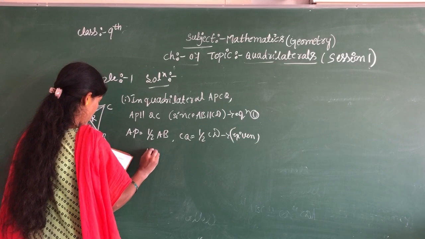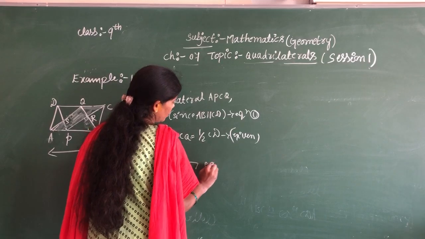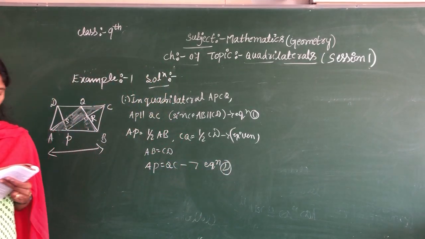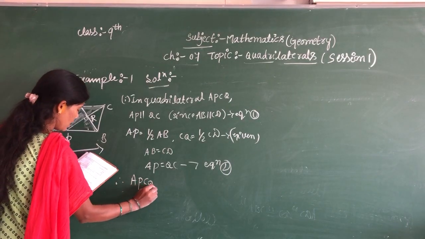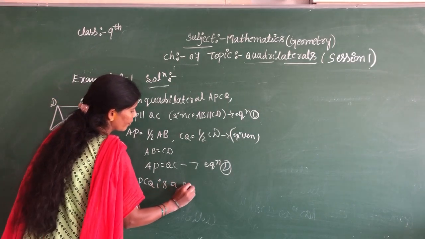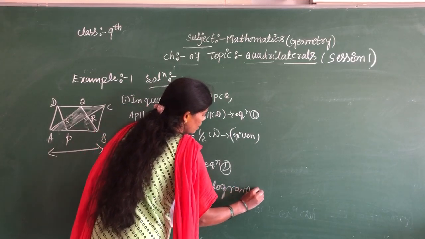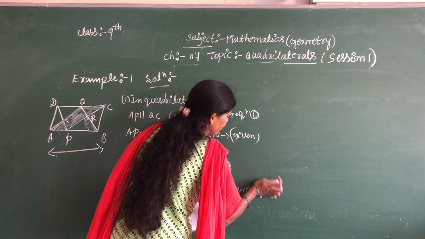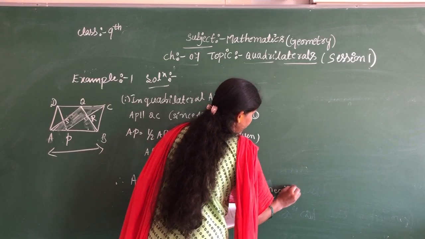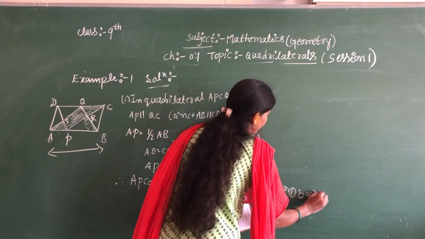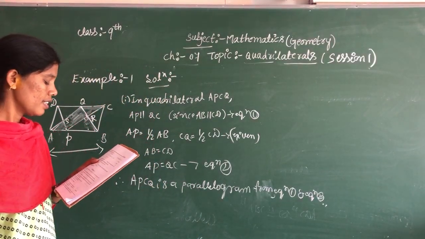Next, AB is equal to CD, so AP is equal to QC. This is equation 2. Children, this is equation 2. Therefore, from equations 1 and 2, APCQ is a parallelogram.